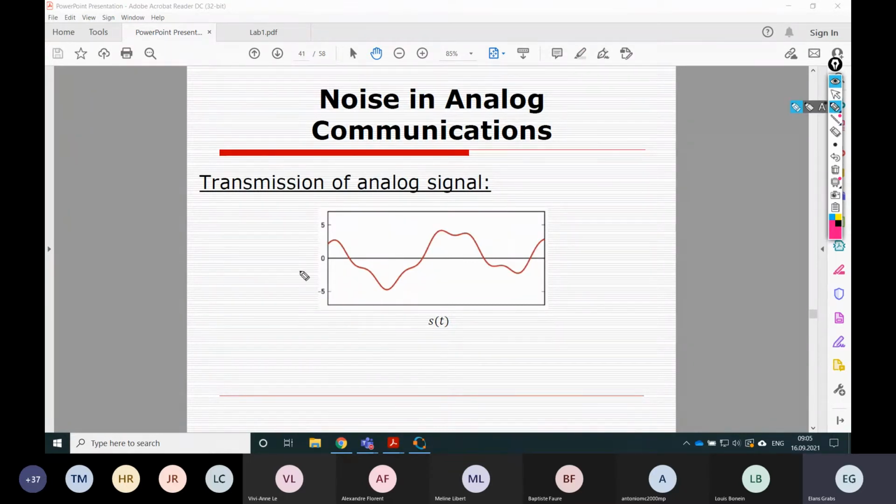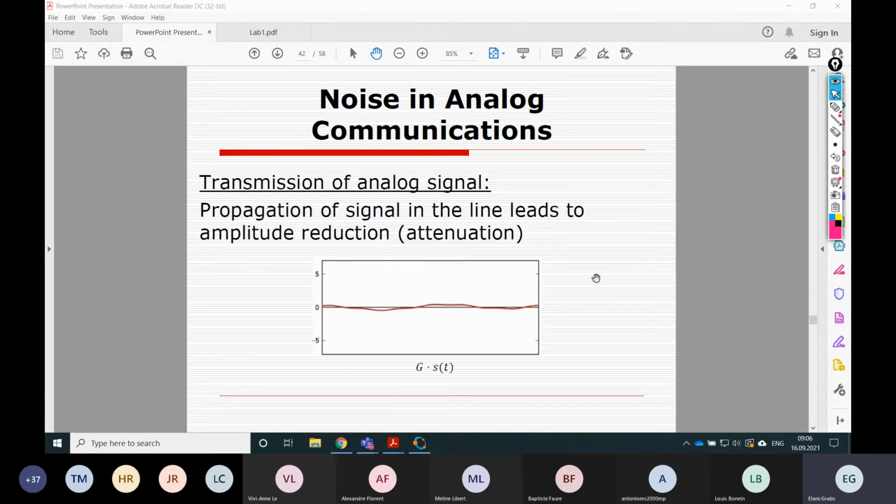This is an analog signal of some data, maybe some voice data, for example, which really cannot be called data because it's not digital, it's an analog signal, which ranges from -5 volts to +5 volts. And we'd like to send this signal by using our communication system in the channel.